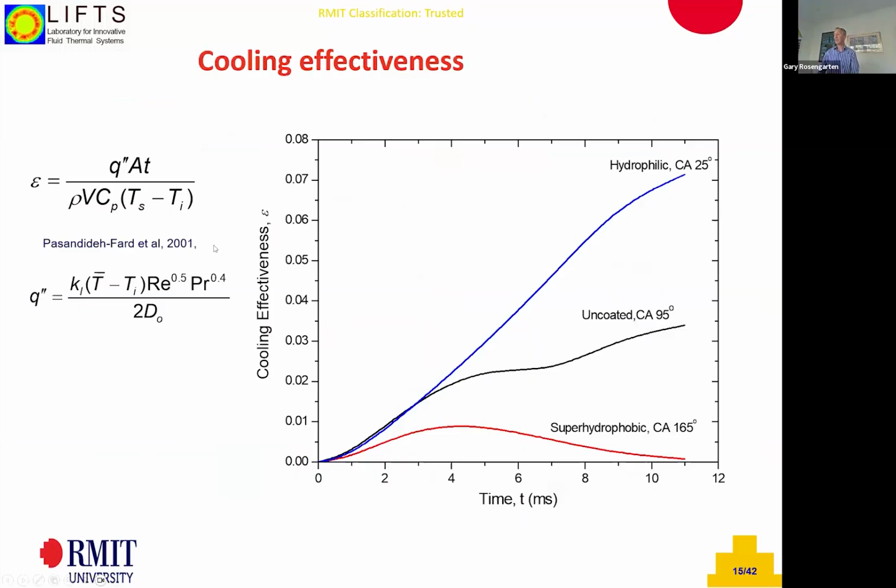I haven't talked about the actual heat flux because it's a little bit complicated how you can calculate the heat flux when you're looking into a thin layer of water and you're not sure how thin that layer is.